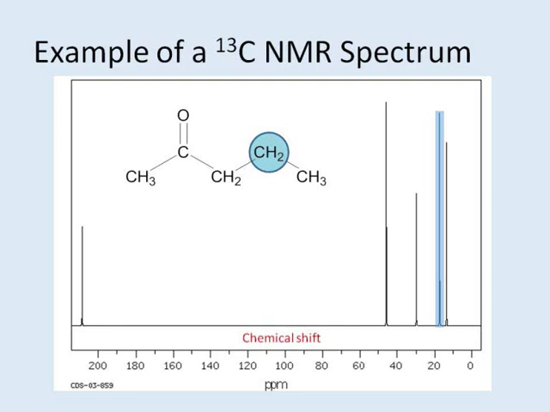The next CH2 group, however, is significantly further downfield. This is because it is adjacent to a carbonyl group, which pulls its chemical shift downfield. The carbonyl carbon atom appears far downfield. Most carbonyl atoms appear between 160 and 220 parts per million.